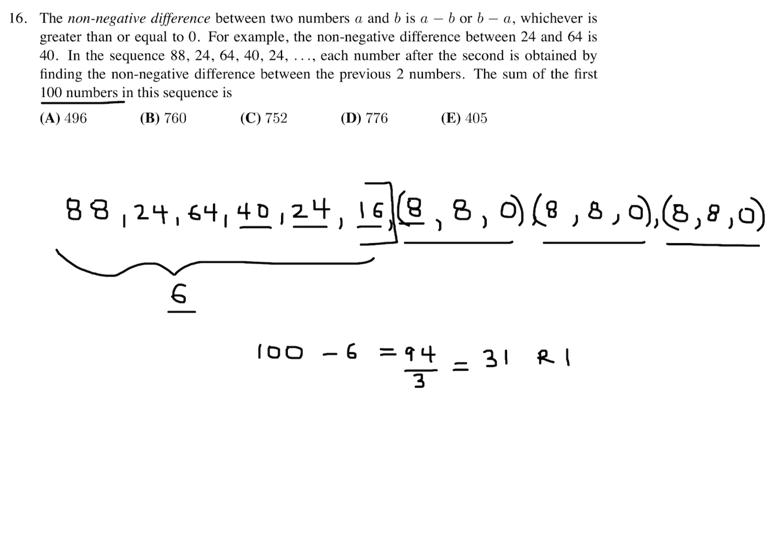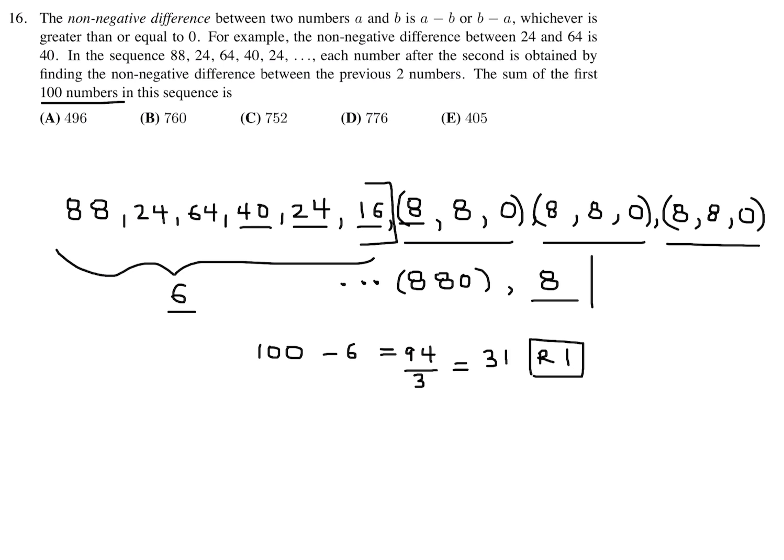How many of those? Well, 94 divided by 3, unfortunately, is not an even number. It's 31 remainder 1, like that. So that basically means that you've got 8, 8, 0 31 times, right? And then at the very end, you've got one final number, and that would be an 8, right? Because it's 8, 8, 0. So there you go. Those are the numbers.